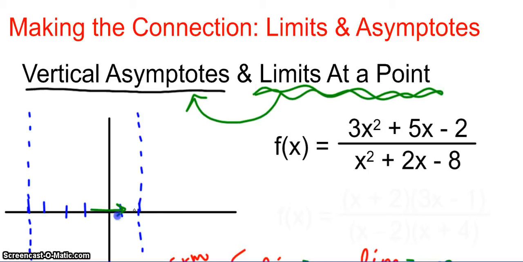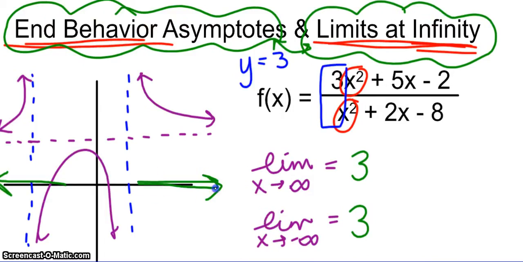Okay, so limit as x goes to a point, my y values might be going to infinity or negative infinity. As x goes to infinity, my y values are either going to go to a horizontal asymptote or to their end behavior asymptote. Just trying to make a little bit of a connection there for you. The next video and the last video of this unit will have a much bigger analysis of all things dealing with rational functions.